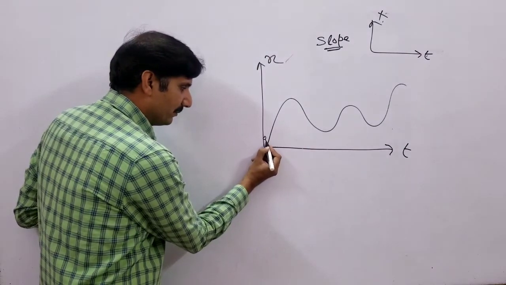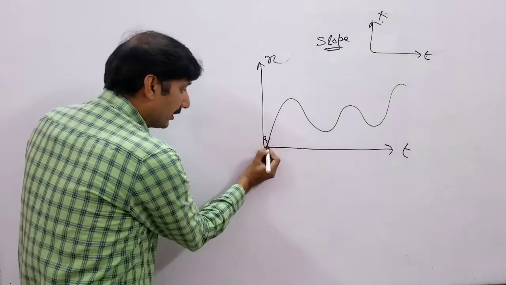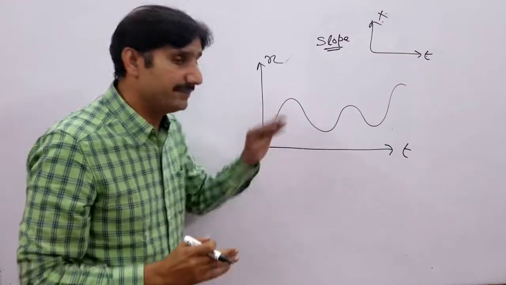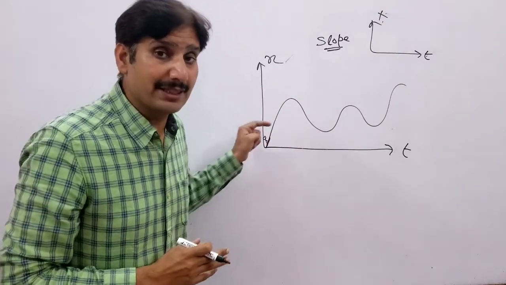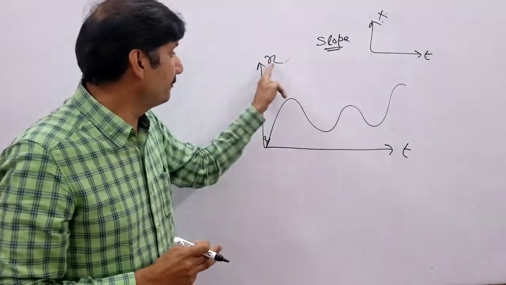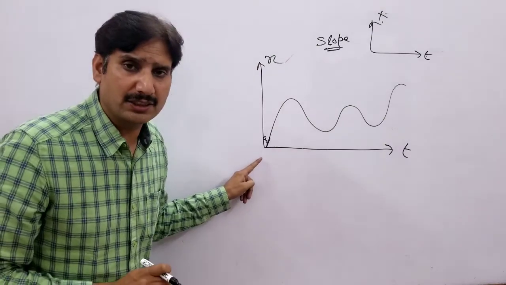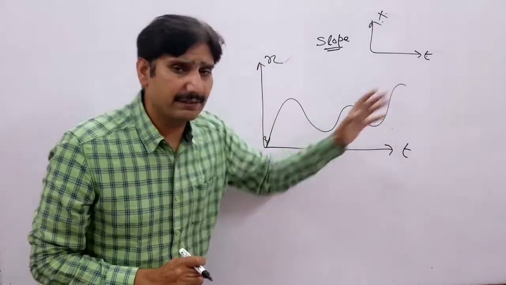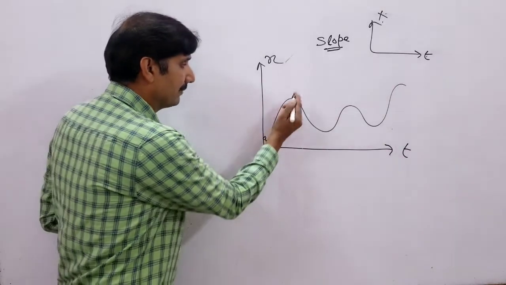If that person wishes to climb up over here, the curve is really steep. It is really difficult for that man to go up. The slope is high, and the slope of the position time graph represents velocity. This means that at this point, the velocity of the body is high.